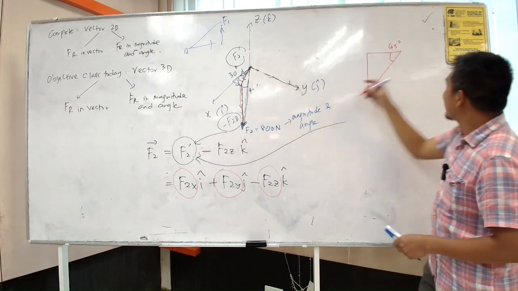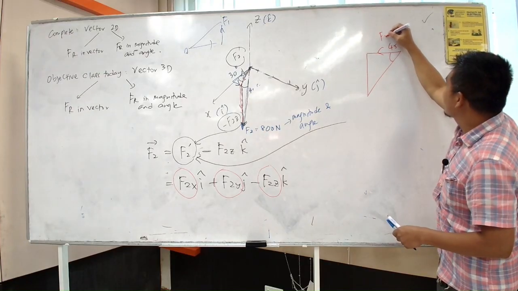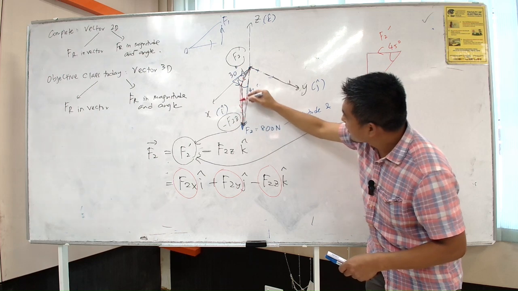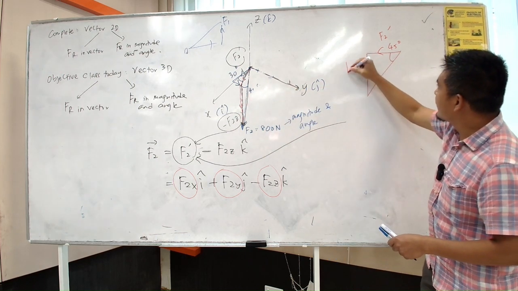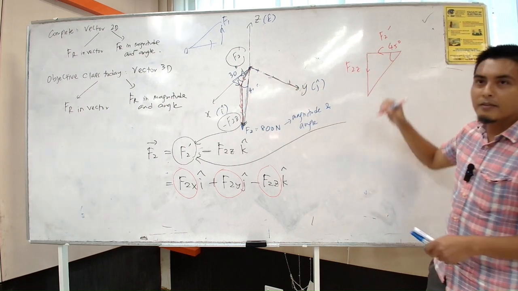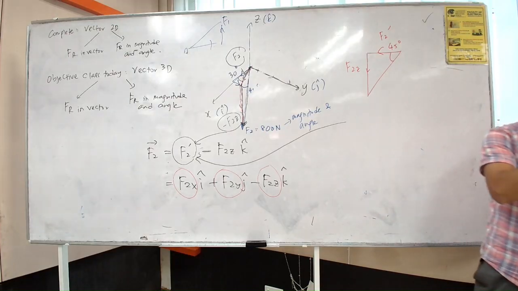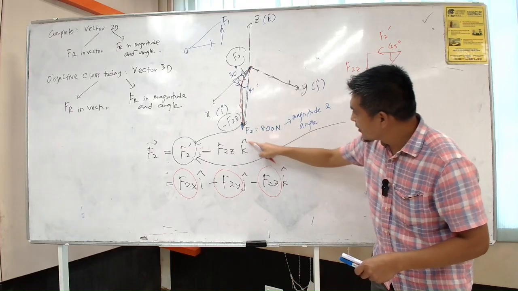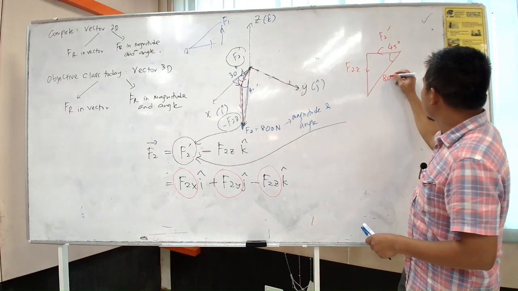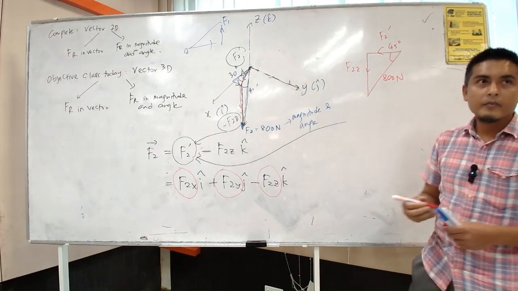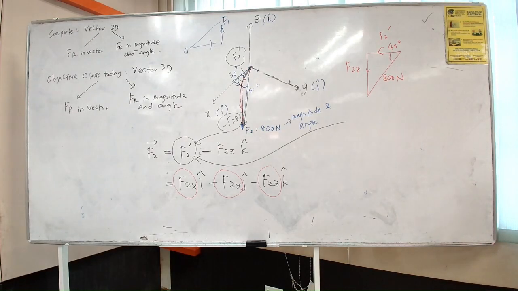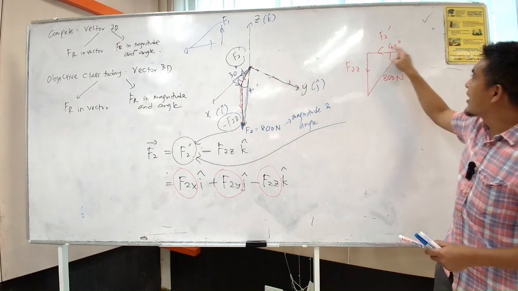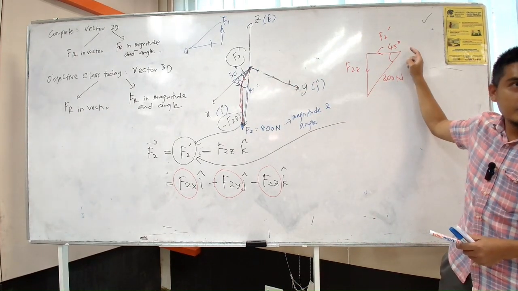Right? So this one is F2 prime. This one, F2Z. The first vector. And then the value here is 800 Newton. The easiest way, you redraw again, you extract the information in a normal figure.